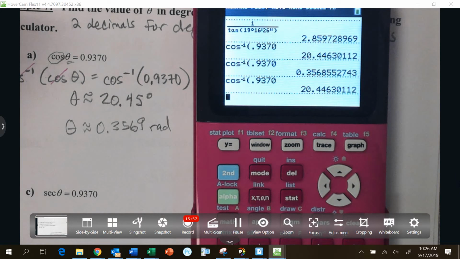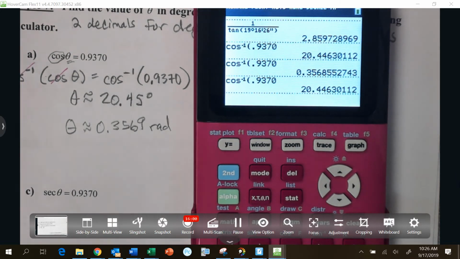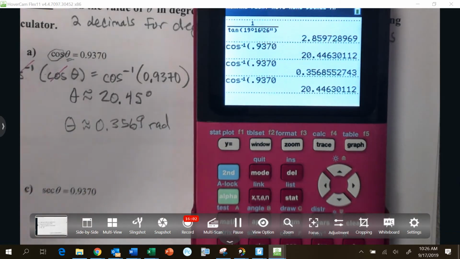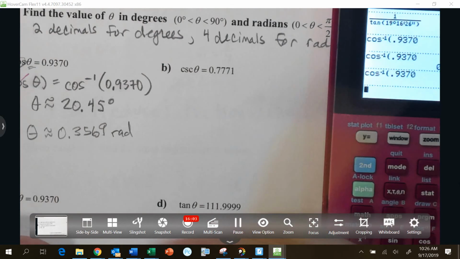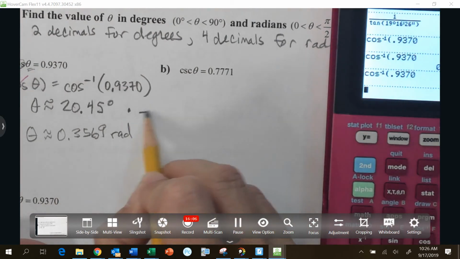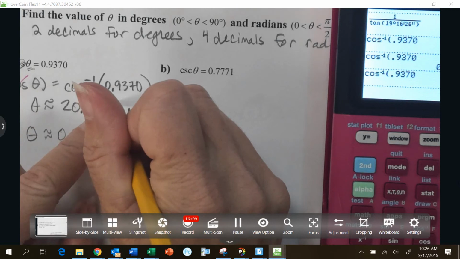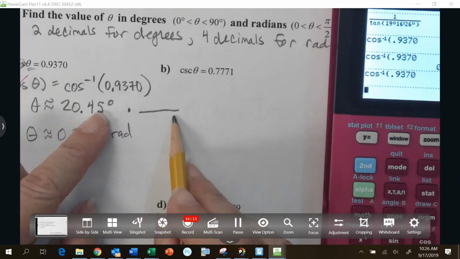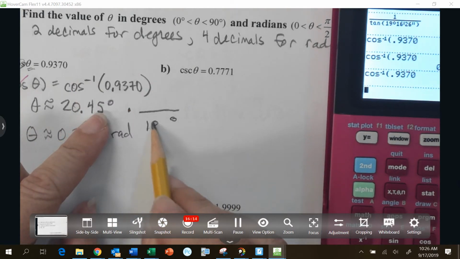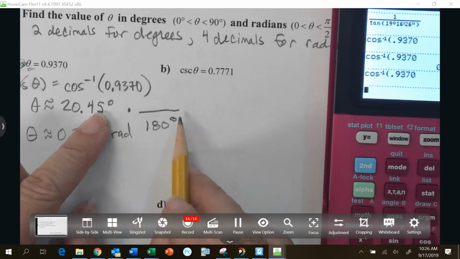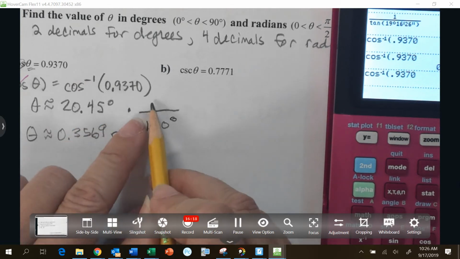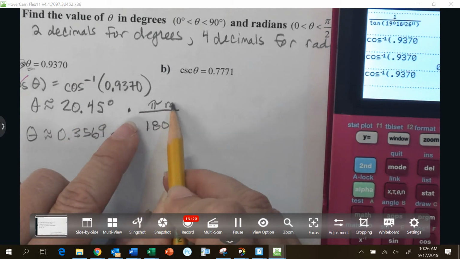How do you convert from degrees to radians? I want it to end in radians, so I want to divide out the degrees so that the degree symbols will cancel. So on top I have to have pi radians.